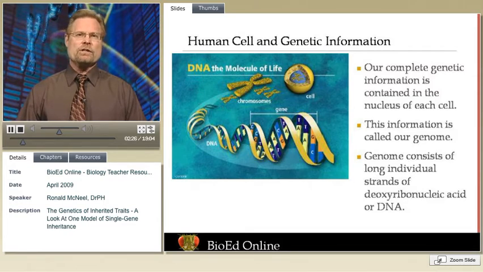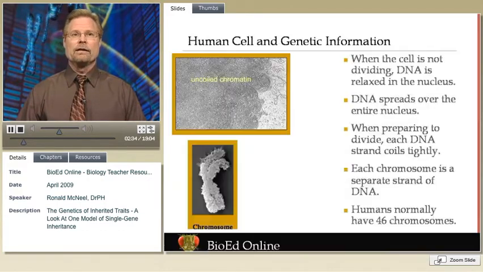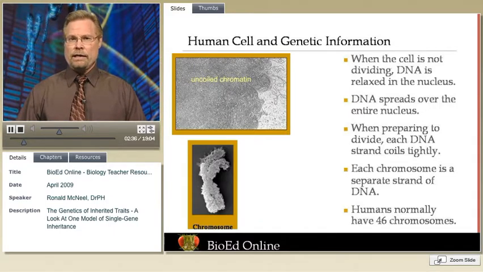It consists of long individual strands of deoxyribonucleic acid, a molecule more commonly known as DNA. When cells are not dividing, these individual DNA strands are relaxed and spread over the entire nucleus.